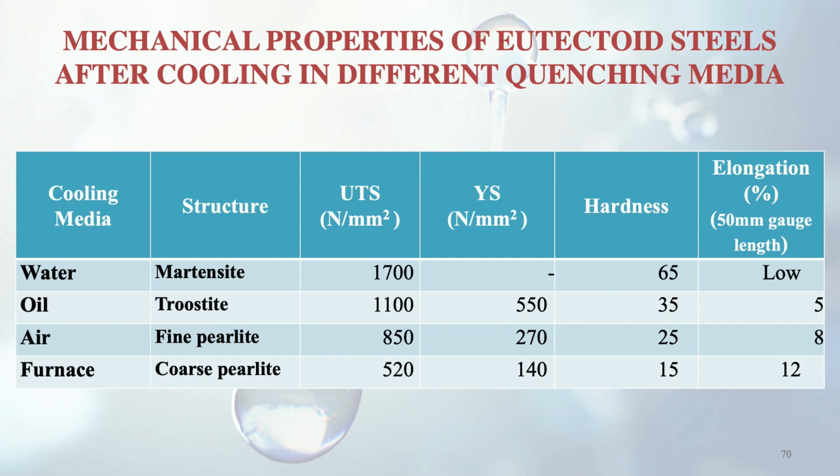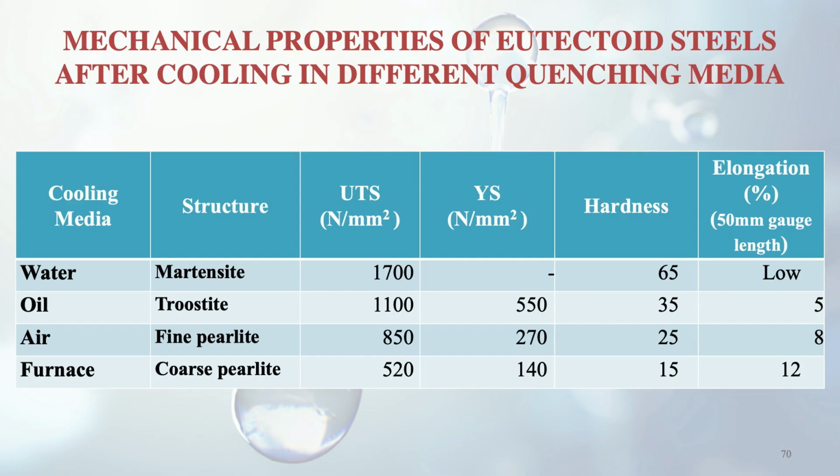If you see the elongation in the table, it is low. That means we are getting a brittle material. If you recall from your first module, the stress strain diagram of a brittle material doesn't have any yielding. So that's why yield strength is not given in the case of water quenched martensite.